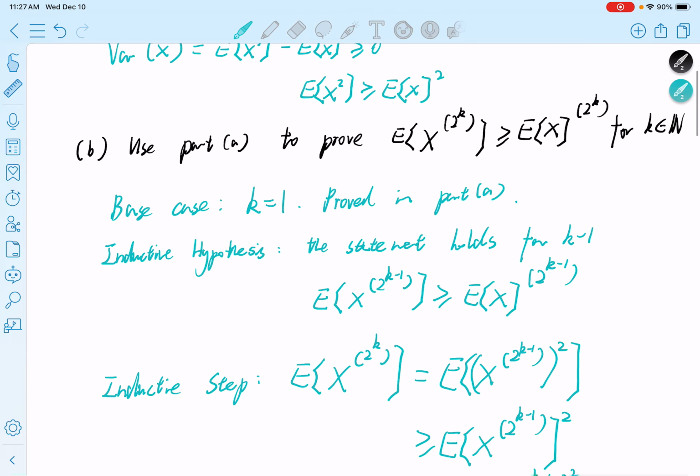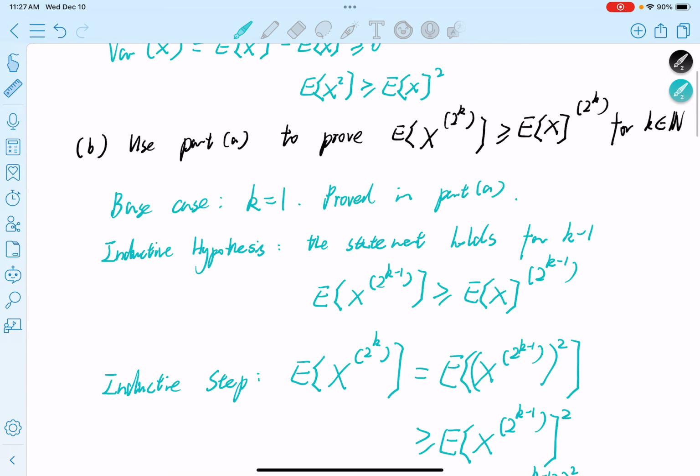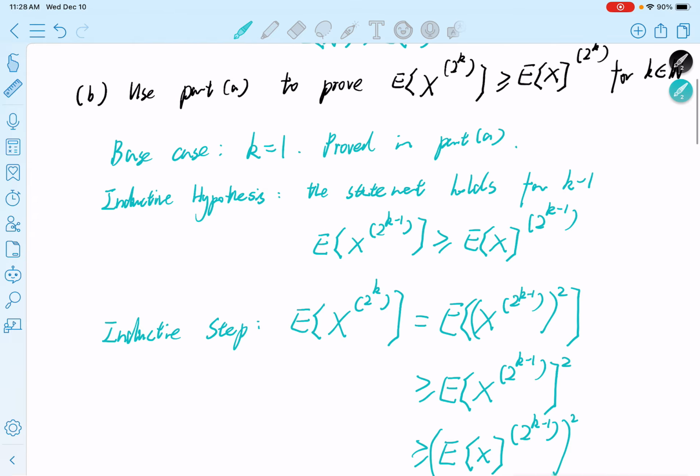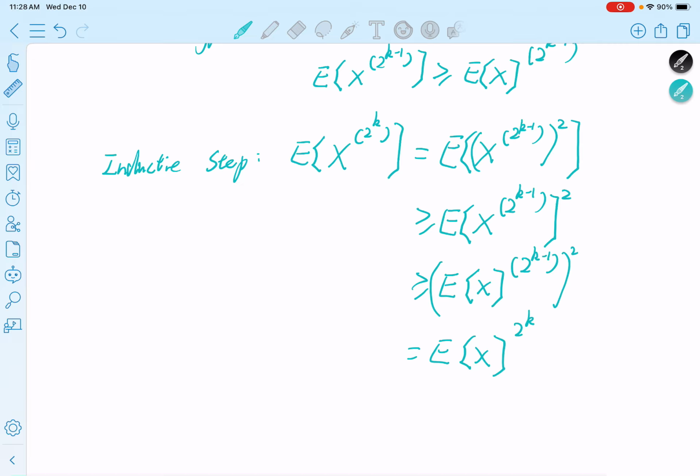And this is what we want, right? So finally, after going through all of the hard steps, we get what we want. And we are done with induction because we start from the base case. We assume the hypothesis is true and we prove that this inductive step is true. So we are done with the proof.